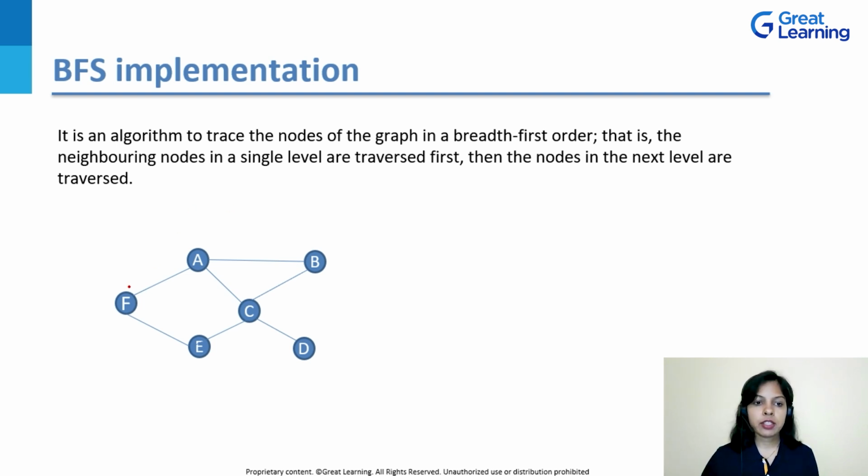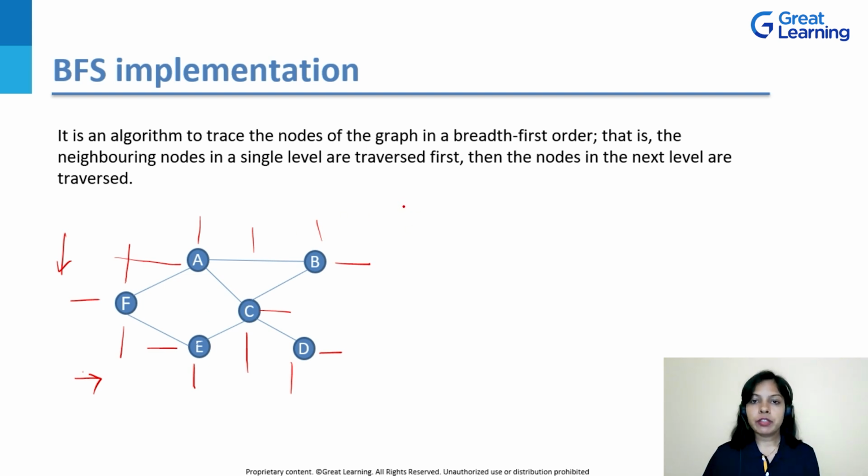If I talk about the levels, can I consider this to be one level, this to be another level, and then this will be another level, and this will be another level? Or if I talk in this order, we can say that A and B belong to the same level, then F and C belong to one level, then E and D belong to one level, isn't it? So you can see here that if you closely observe a graph, you can find there are different levels as well.